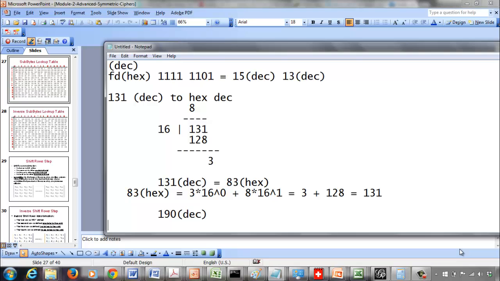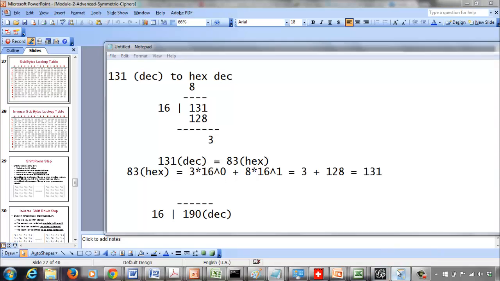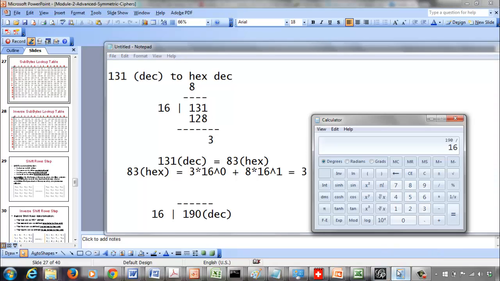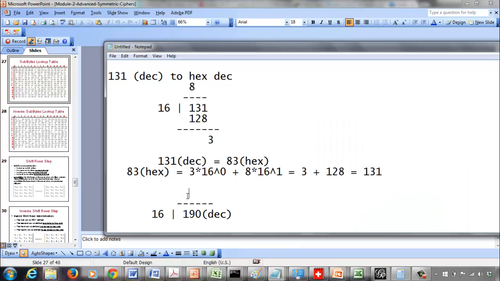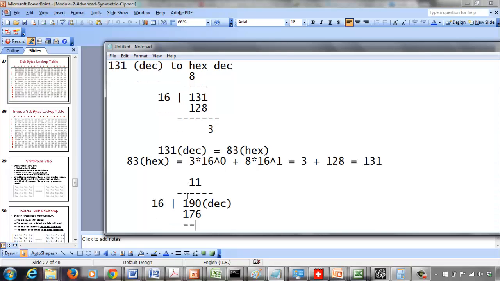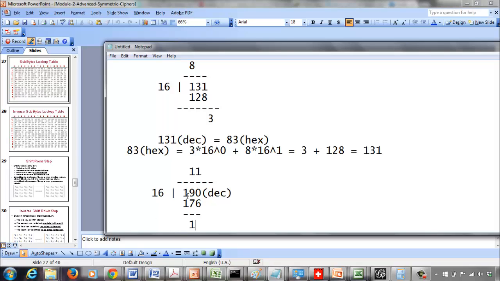Again I divide by 16. 190 divided by 16 goes 11 times, so the quotient is 11. That makes it 176, so the remainder is 14.